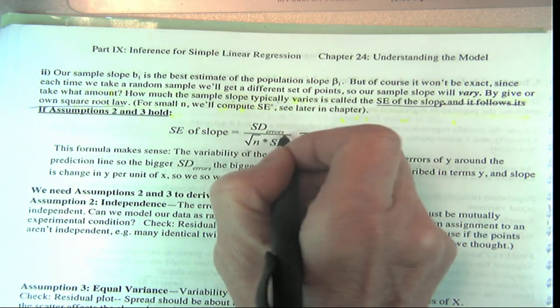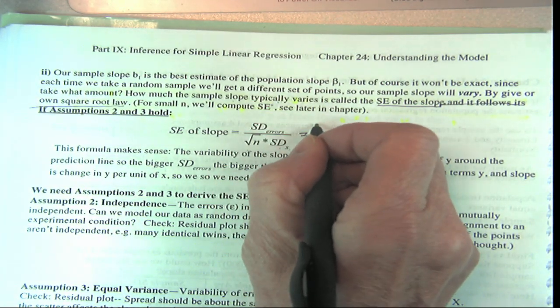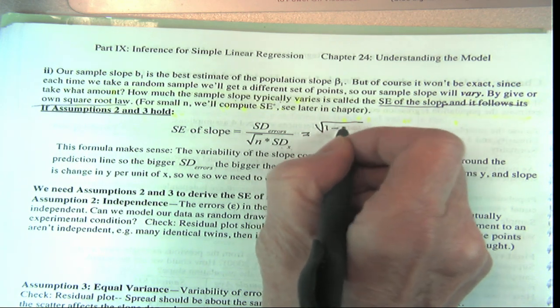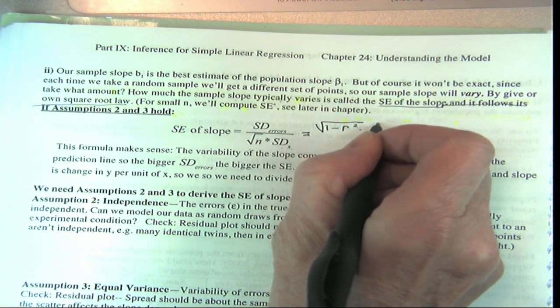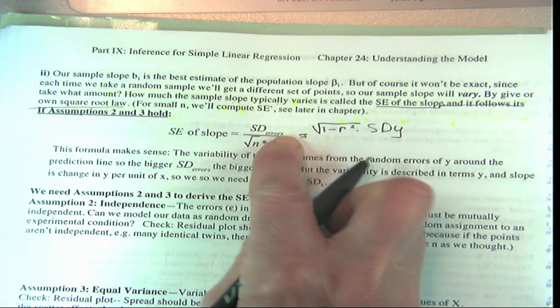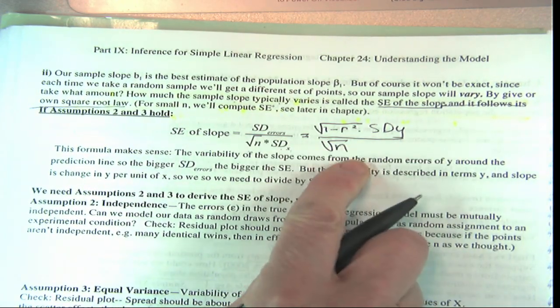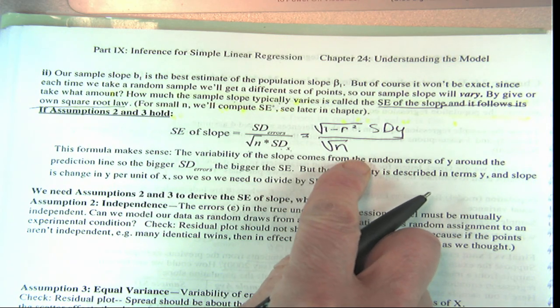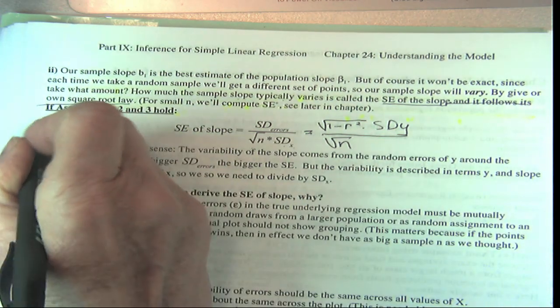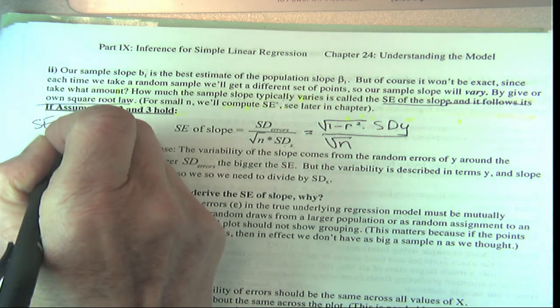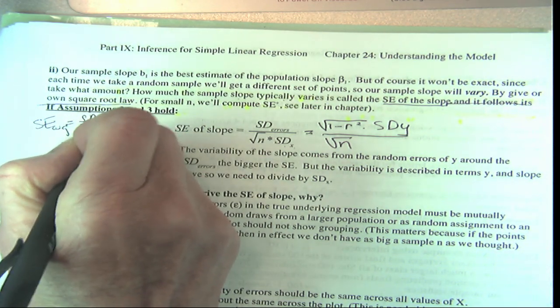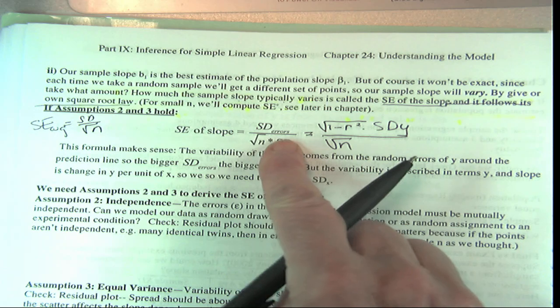The standard deviation of the errors, remember, is the square root of 1 minus r squared times the standard deviation of y. All right? So why don't we just stop there? That would make perfect sense, right? Because the standard error of the average, for example, is SD over square root of n. So why do we have that?